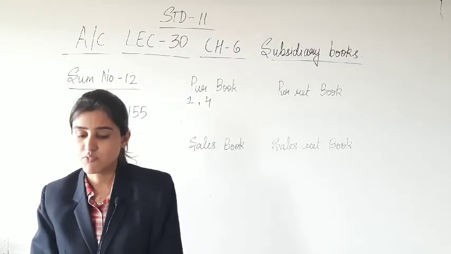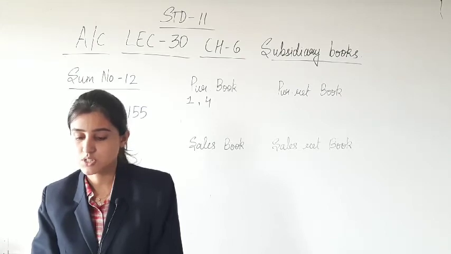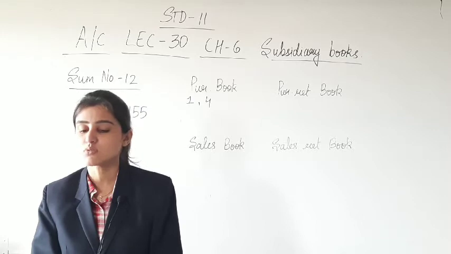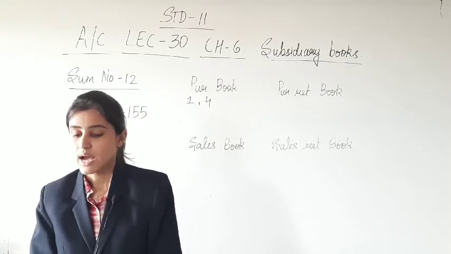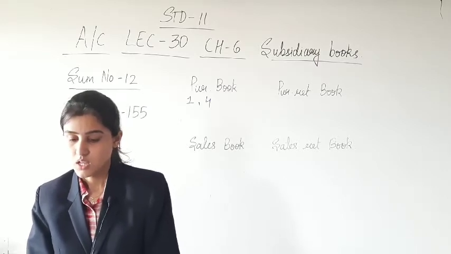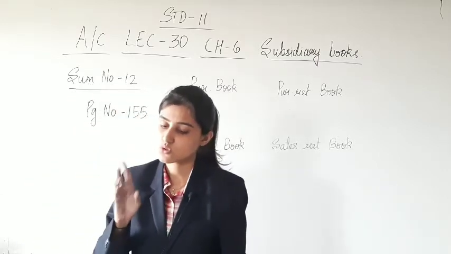Then on 6th of November, moving towards the next transaction, sold goods of rupees 15,000 to Suresh at 5% trade discount and 3% cash discount under bill number 350. Goods have been sold to Suresh.